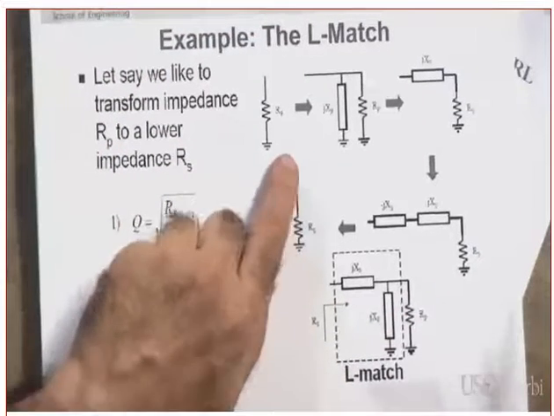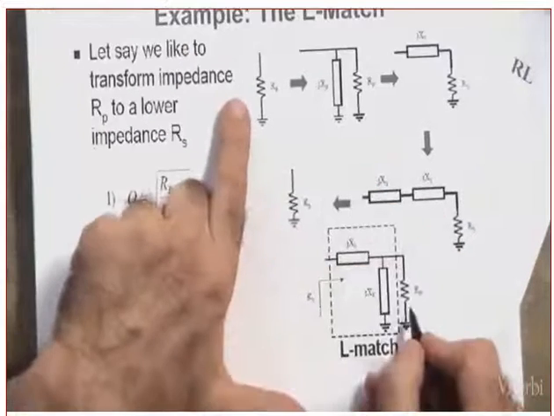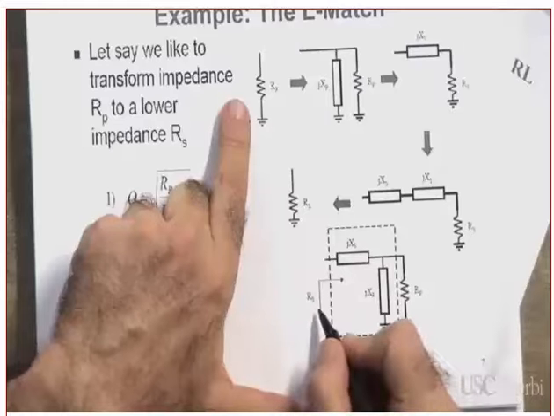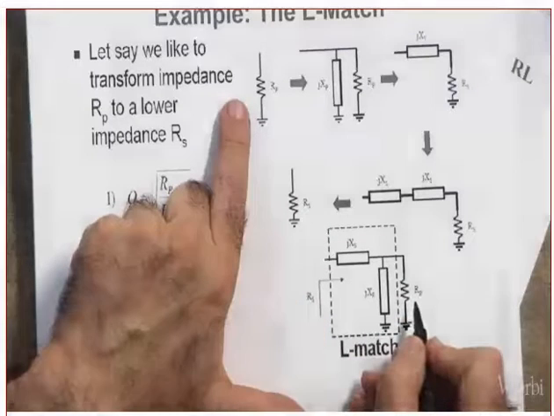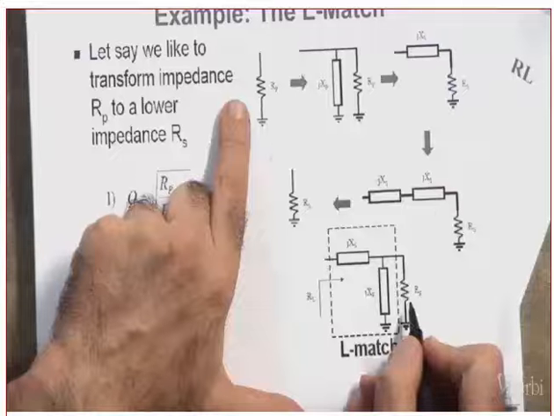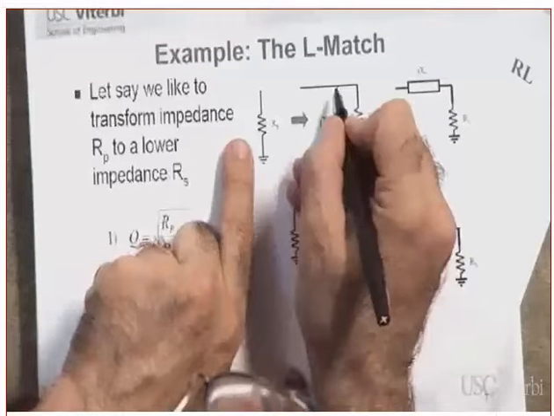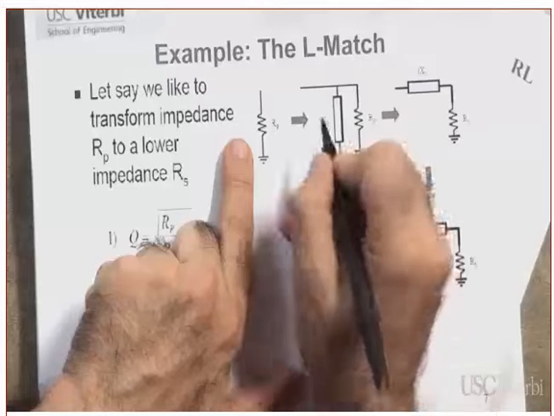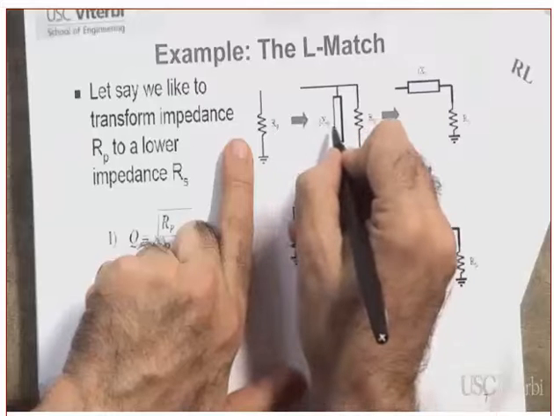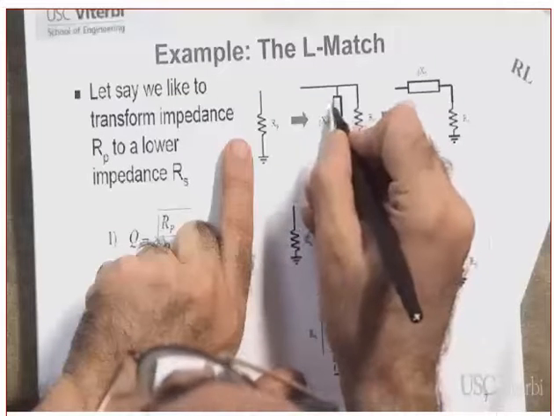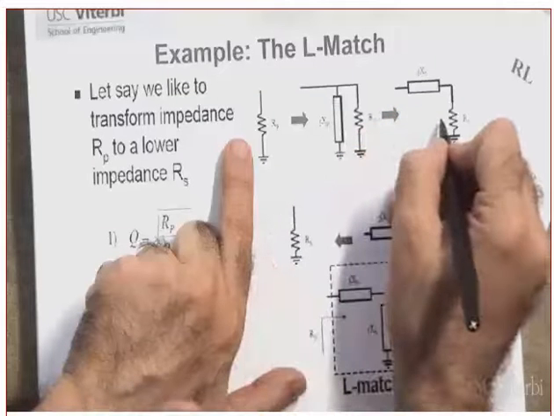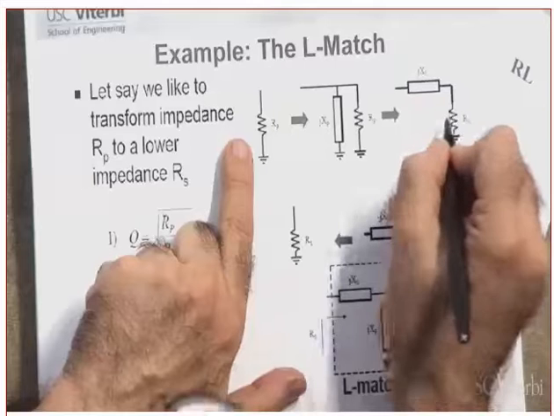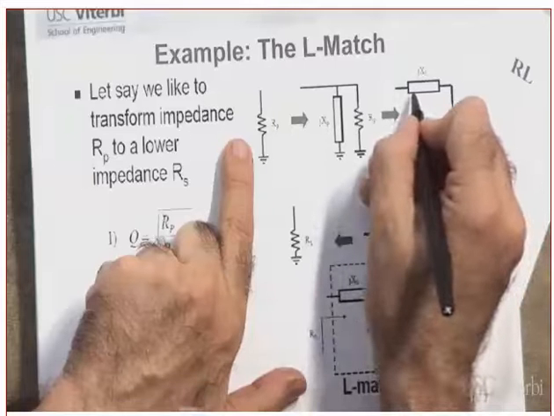Okay, concentrate, please concentrate. I have RP, this is the RP. I want to match it to RS, and RS is smaller than RP. Agree? What am I going to do? I'm going to put a reactive element in parallel. I call it JXP. I then transform this into a series, RS, JXS.